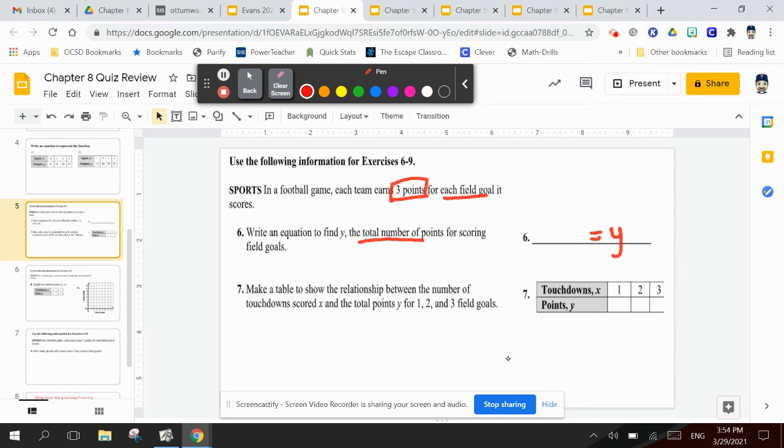So how do I find out how many field goals? Well, I know that field goals would have to be a variable because I don't know how many field goals they're asking me to find. But I do know each one is worth 3 points.